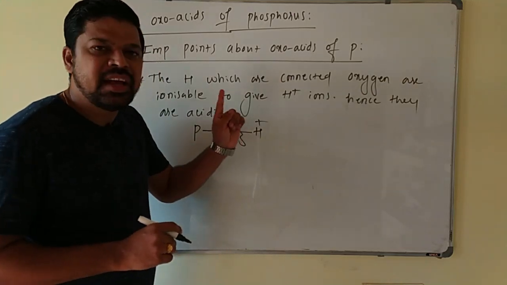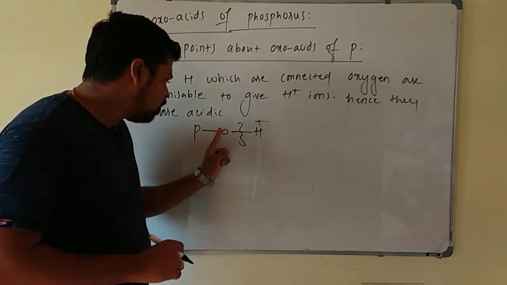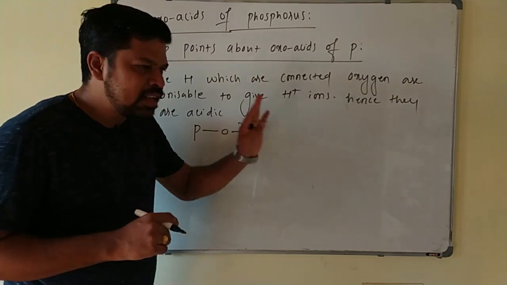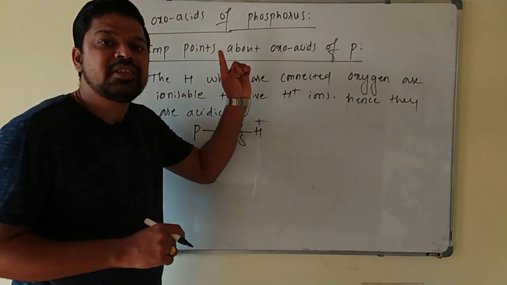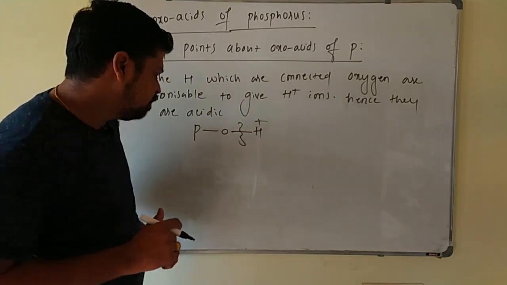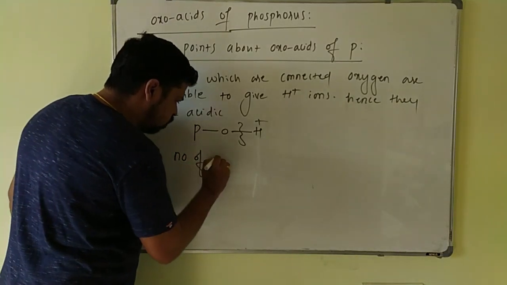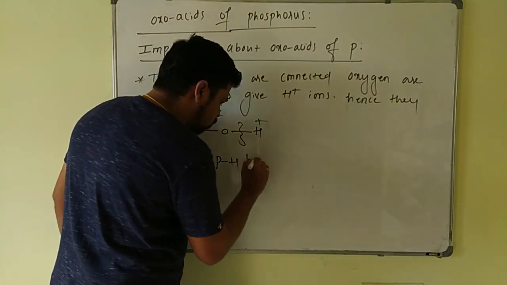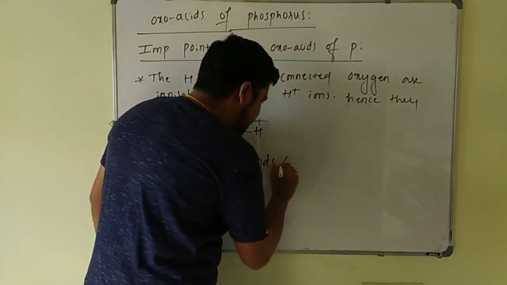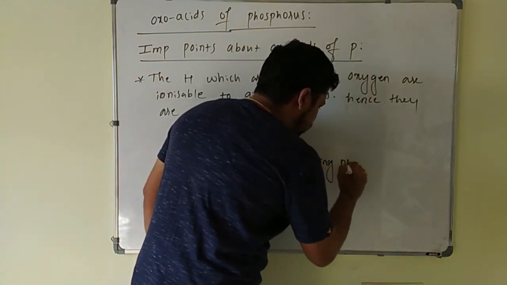So the basicity of the acid depends on the number of P-OH bonds. The hydrogens connected to phosphorus in the form of P-OH are the only acidic ones, coming out as H+ ion. That's why I will write two points. The number of P-H bonds is directly proportional to reducing property.